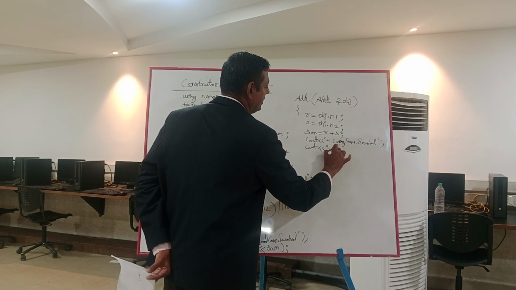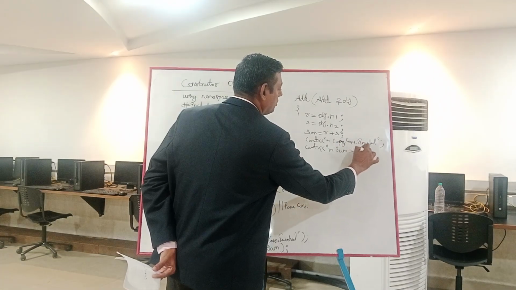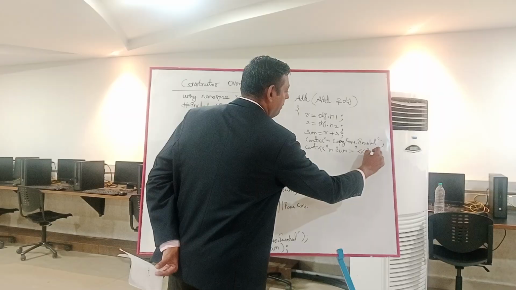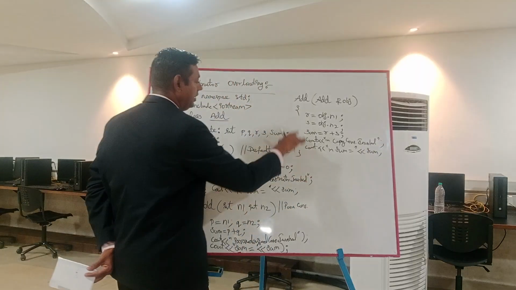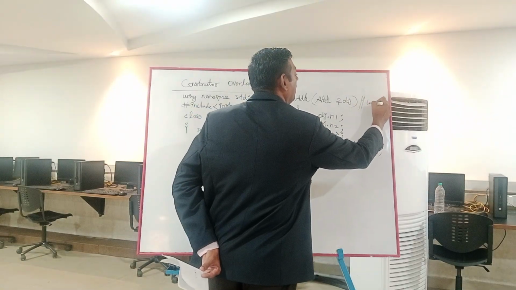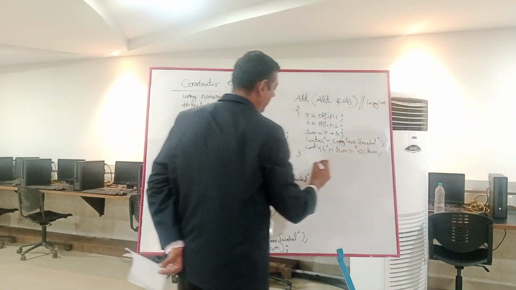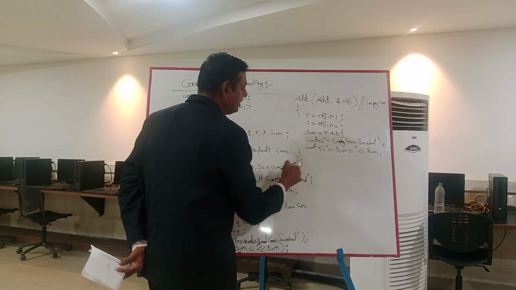So sum is backslash n, sum is equal to, close double quotes, output operator sum. Very simple. So this is my code for the copy constructor. Now I have to close the class, terminating using a semicolon.